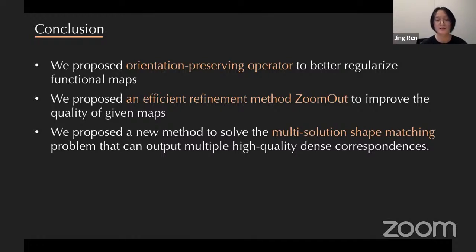The second project is about zoom out, which is a refinement method. It can efficiently improve the quality of the given correspondences. For the third project, we propose a map tree algorithm which organizes the point-based maps in the map space in a tree structure, which can help us to obtain multiple meaningful maps at the same time.